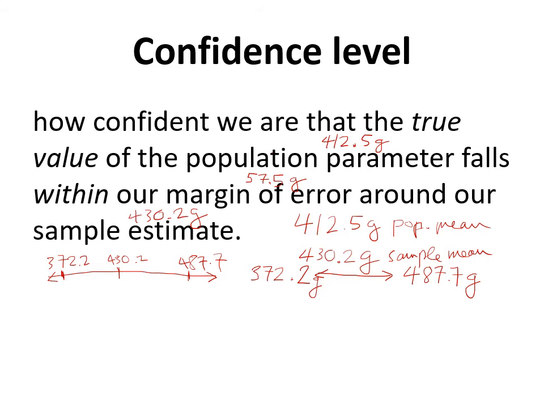So that margin of error means that, when we have our confidence level, remember that can be like 90%, sometimes people write it as 0.9, or 95, sometimes people will write that as 0.95, or 99, which sometimes people will write as 0.99.